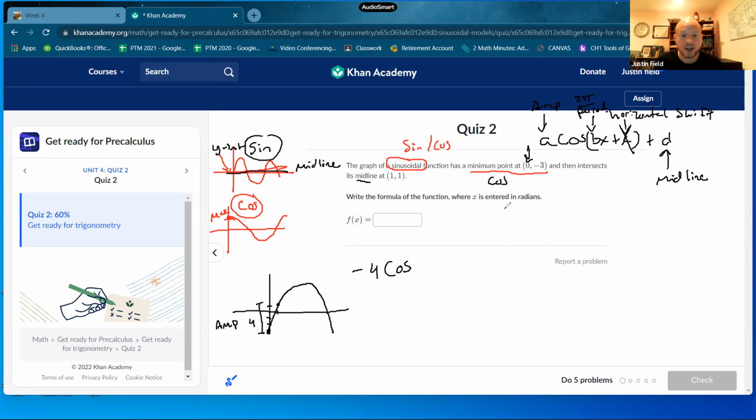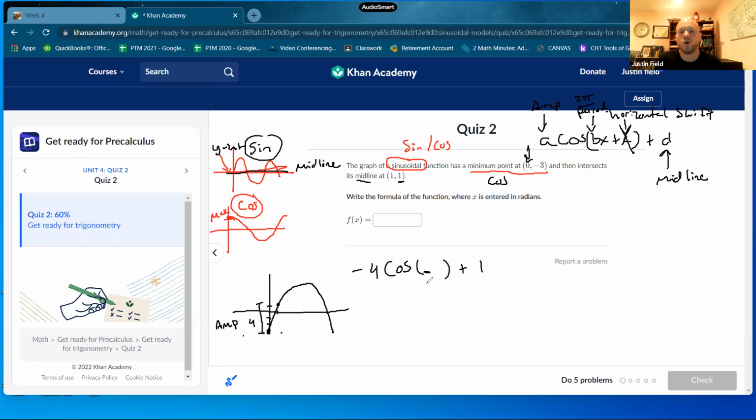If our minimum was over here, that would mean there's a horizontal shift and we would have one more step, but we don't. So I'm just going to move on. The midline is the D, and the y coordinate of the midline is 1, so we're going to put a +1 out there. Now all we have to do is find that B.